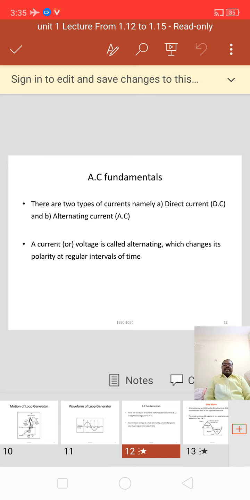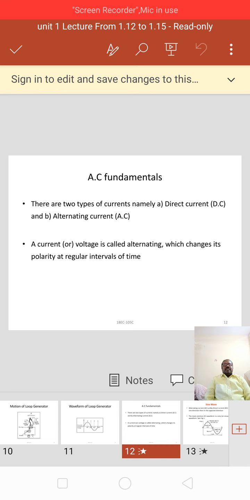Now we learn about the interesting concept of AC fundamentals, that is alternating current fundamentals. Okay, in your day-to-day life we experience a variety of appliances using alternating current. There are two types of currents, namely direct current and alternating current.